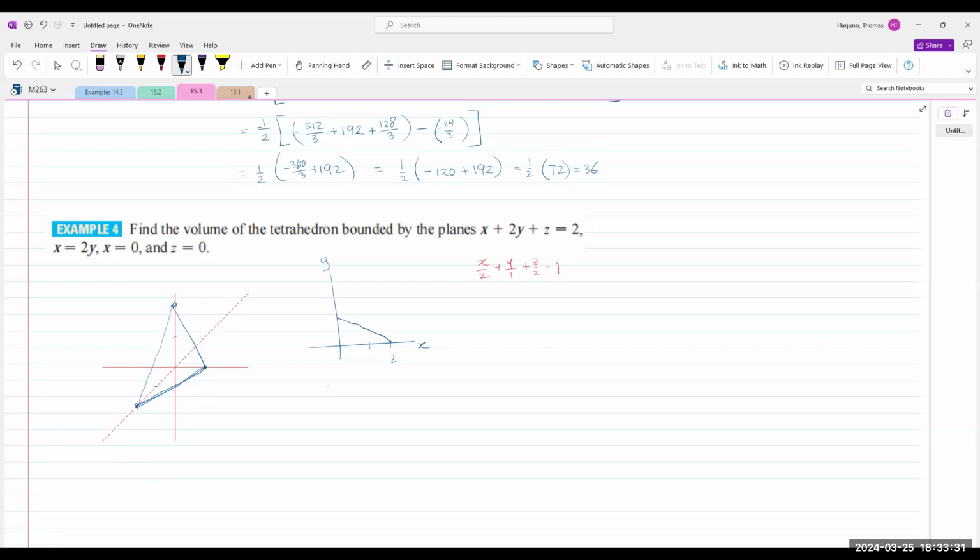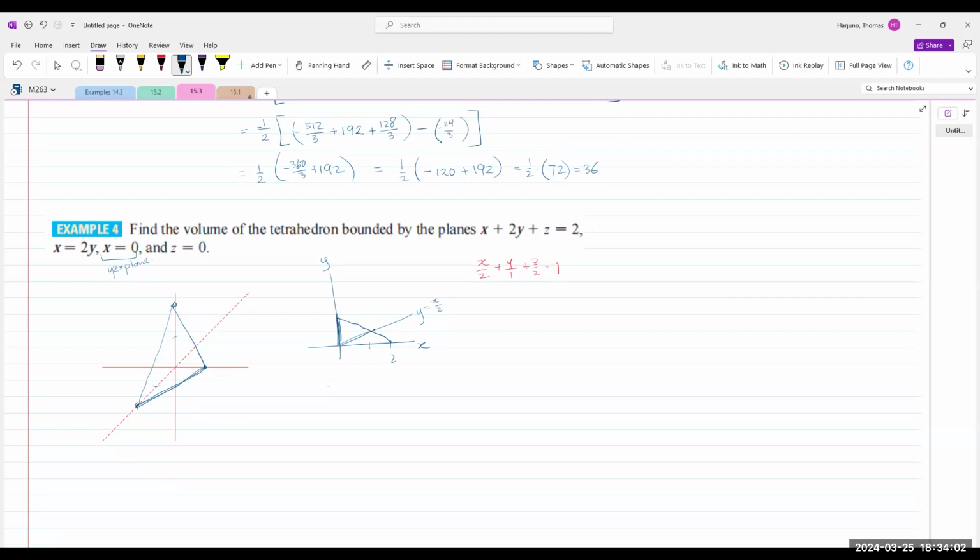But y equals x over 2, so it looks like this. This is y equals x over 2. Bounded by z equals 0, that's the xy plane, and x equals 0, that's the yz plane.